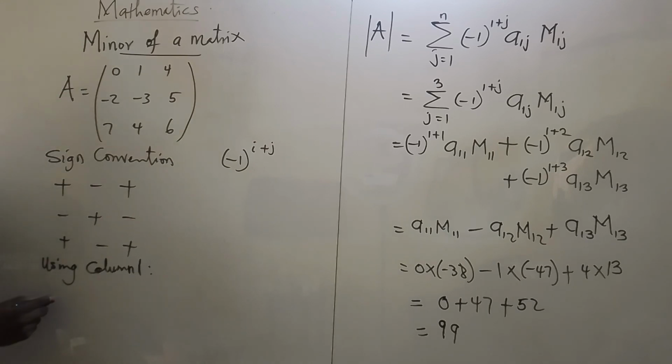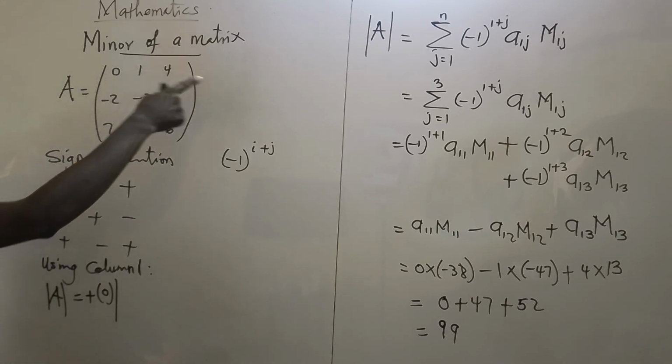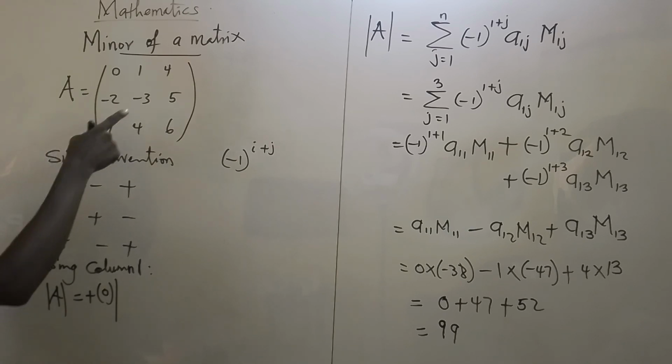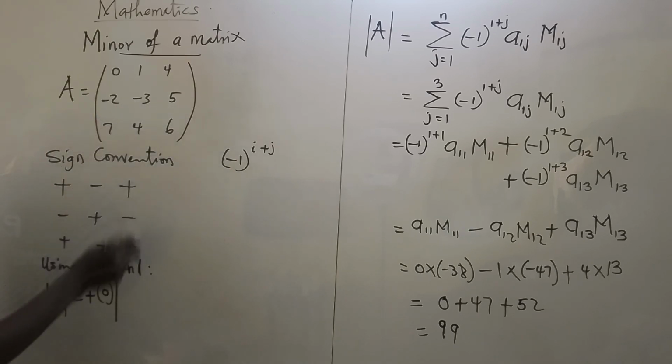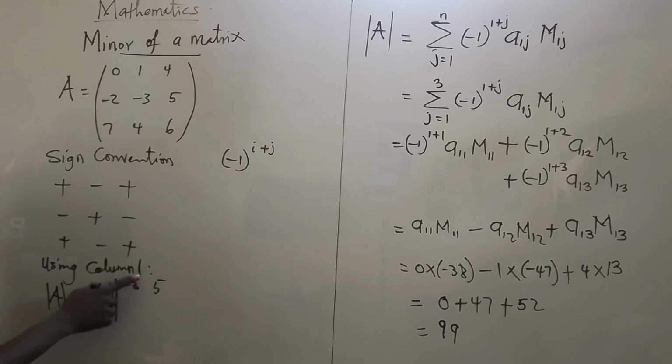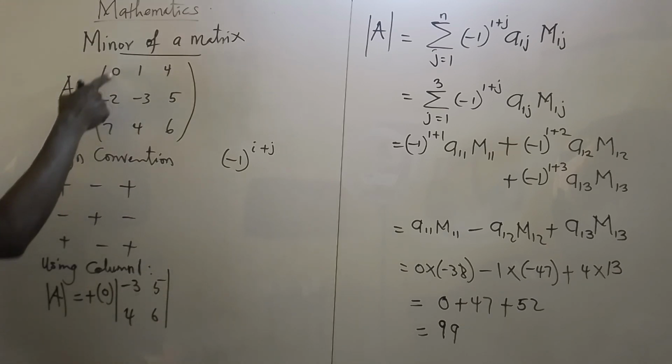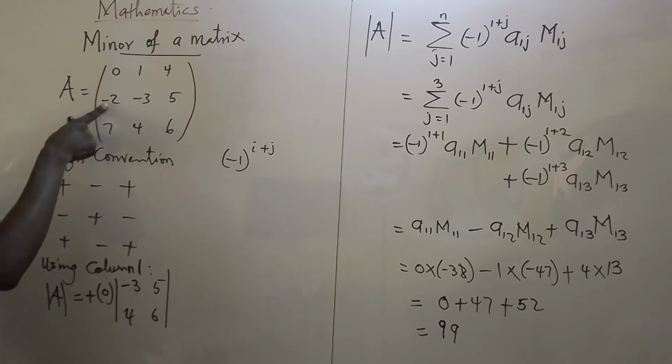So all I'm saying now is that the determinant of matrix A will be plus 0 multiplied by its minor. 0 belongs to row 1, column 1, so delete the two of them. We have minus 3, 5, 4, 6 left. Now I've taken the first element of column 1, so the next element is minus 2.